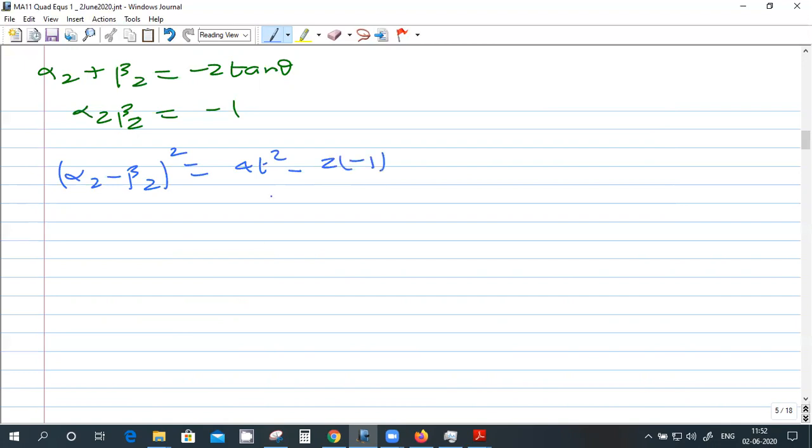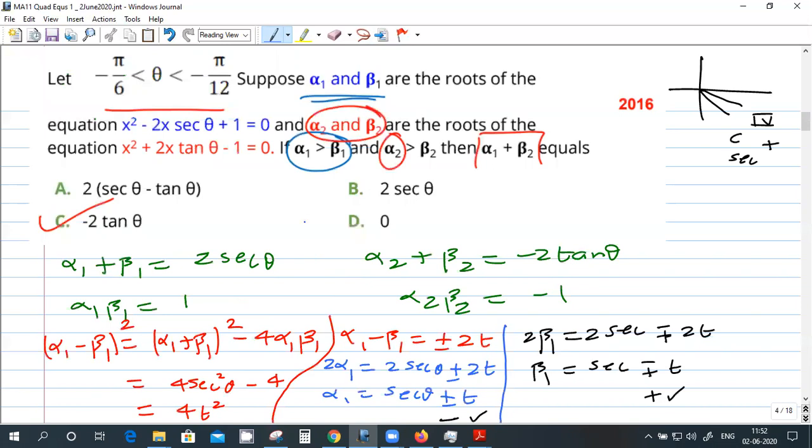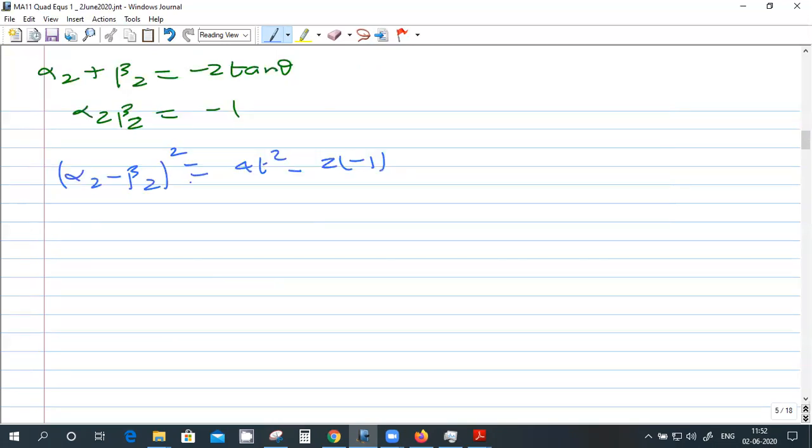Alpha 2 minus beta 2 is alpha 2 plus beta 2 whole square, that is 4t square, minus 2 alpha 2 beta 2, that is 4t square plus 2, so this will be plus 4.